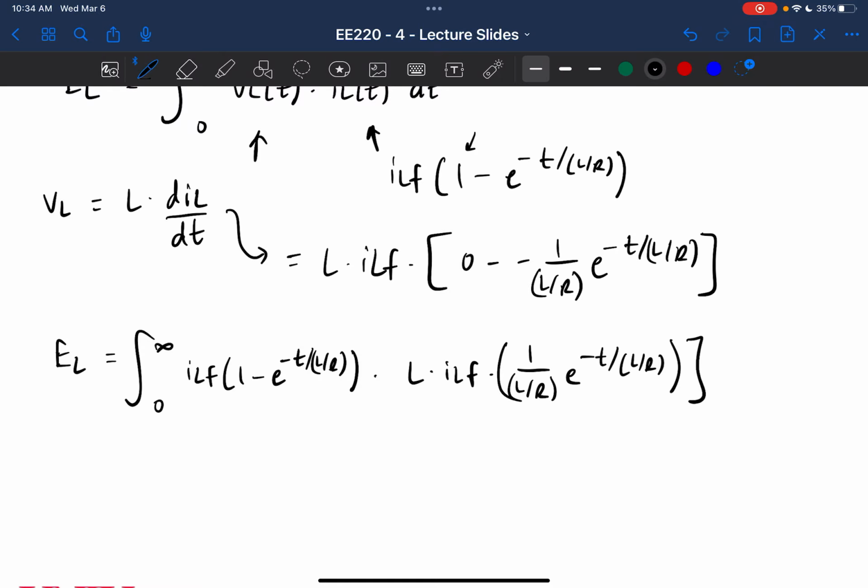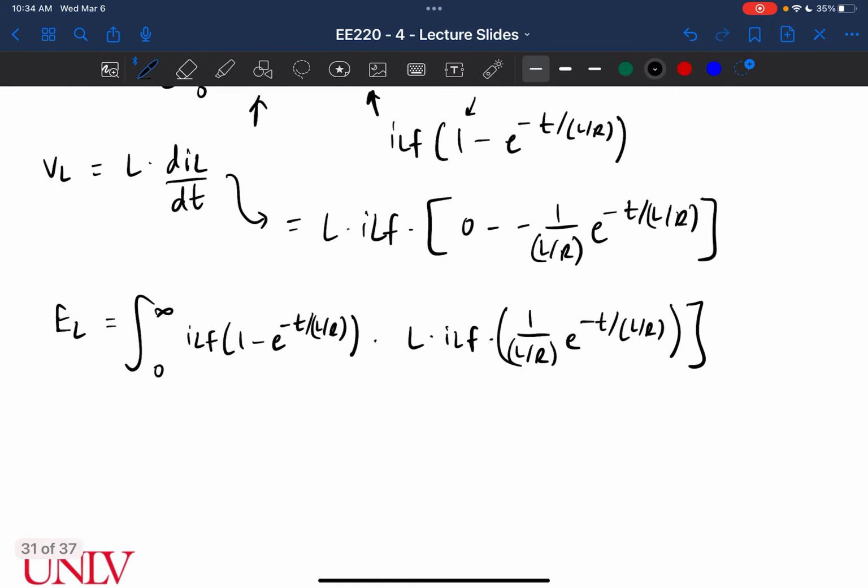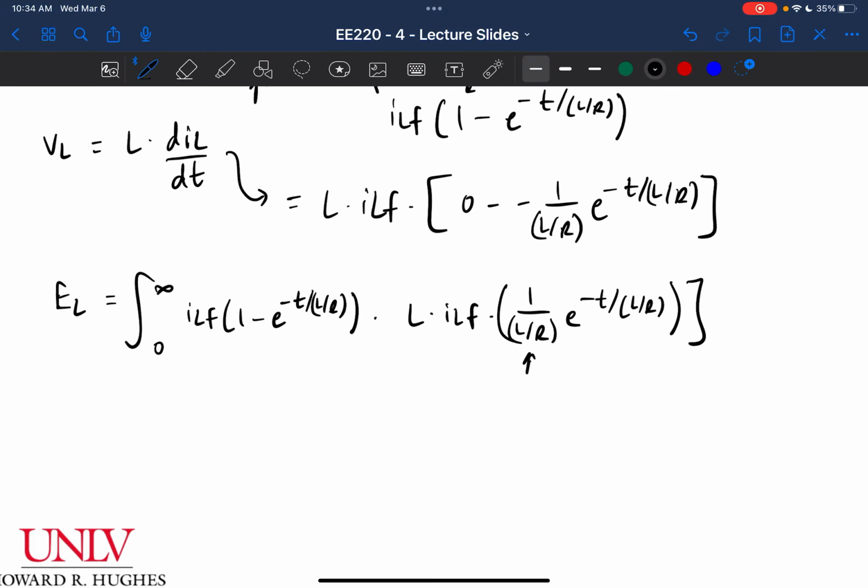All right. And so what I can do is pull the constants out of this term. I've got a constant term here, here, here, and here. So I can say EL is equal to ILF squared, there's two of them, multiplied by L, and then multiplied by R over L. So my L's cancel.